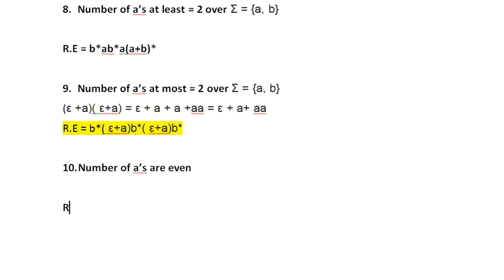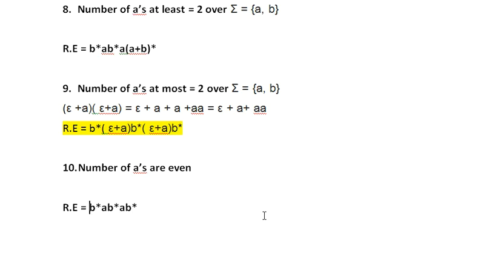Number of a's is even. So indirectly I can go with the regular expression. B doesn't have any problem. First I will take only 2 a's. So a, then again b star. B doesn't have any problem, then again I can take b star. Now this has number of a's equal to 2.